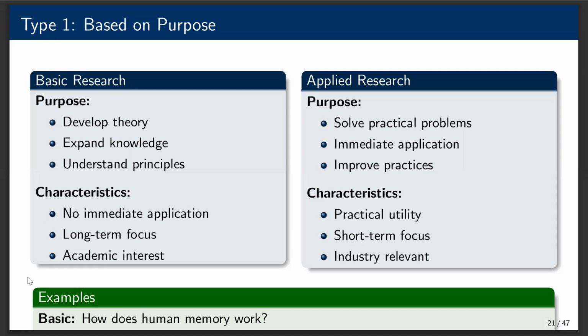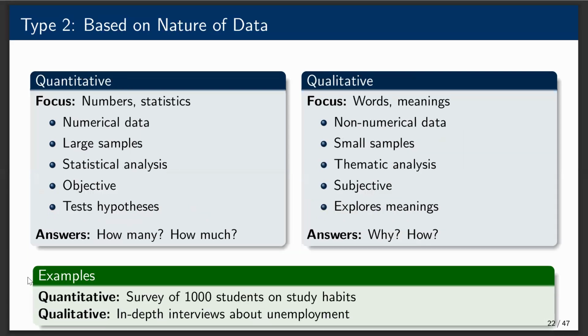But for applied research, the purpose is to solve practical problems, immediate application and improve practices. The characteristics are practical utility, short-term focus, industry relevant. Now an example of basic research: how does human memory work, right?